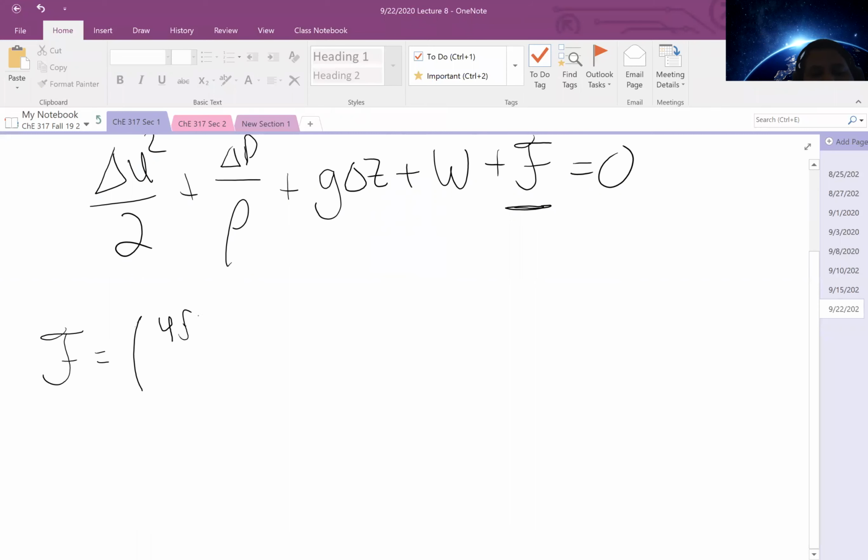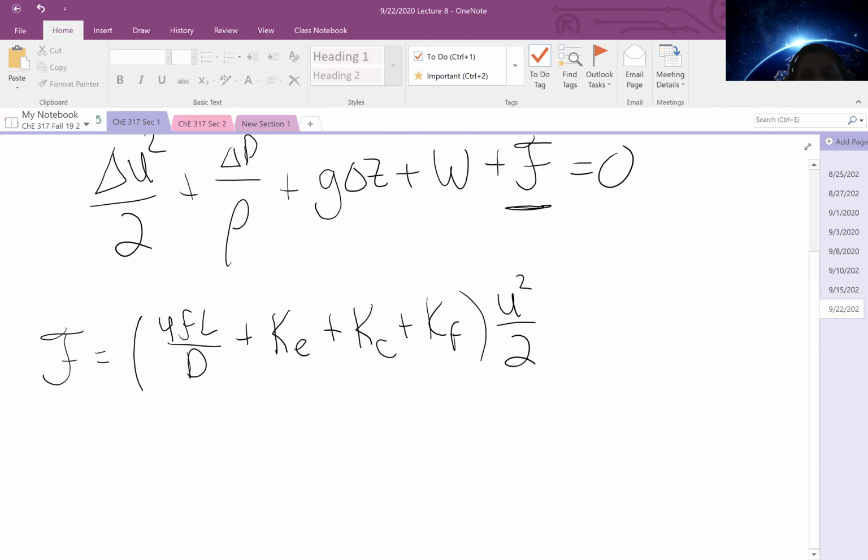We have skin friction due to shear stress exerted by the solid fluid interfaces. Then we have expansion losses, contraction losses, and fitting losses, all a function of the kinetic energy of the system.